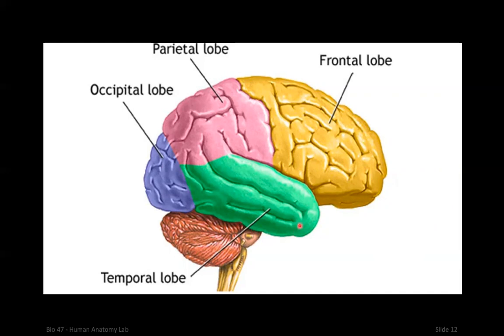And then the temporal lobe, which looks sort of like the thumb of the mitten here, marked by that lateral fissure there, is the temporal lobe. That's that primary auditory cortex. And then again, down here, you can see the cerebellum, and you can see the pons and the medulla oblongata.